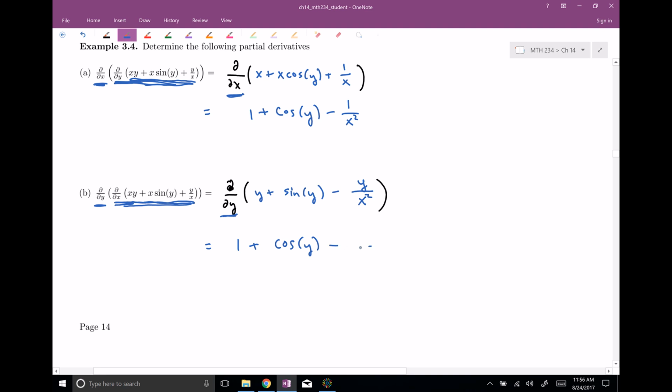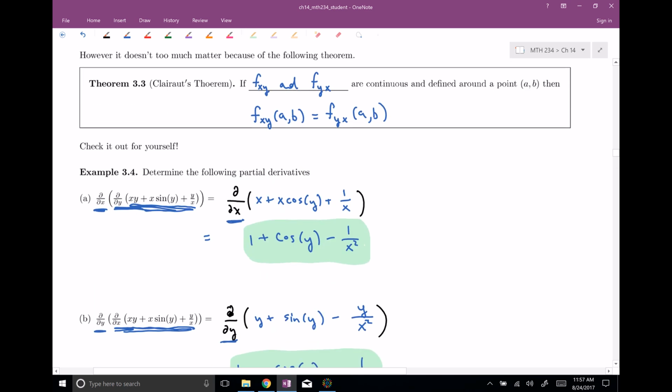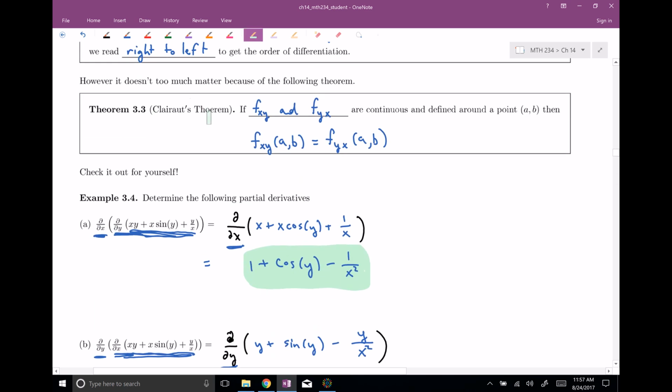So this all stays the same, and the derivative of y, with respect to y, is 1. We can notice that our answer from part A is the same as our answer from part B, right? So if you change the order of these partial derivatives, Clairaut's theorem says that you'll get the same answer.